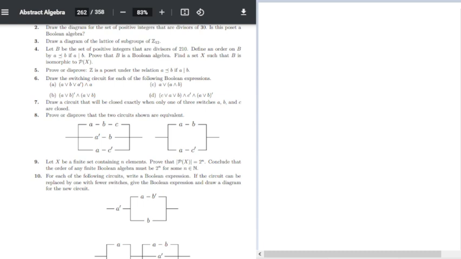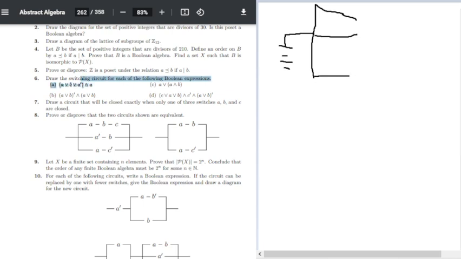So draw a switching circuit for each of the following Boolean expressions. So A join B join A prime is the circuit that I'll draw first, and this is actually a 3-way parallel circuit.